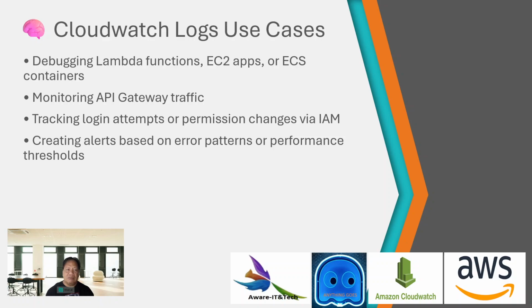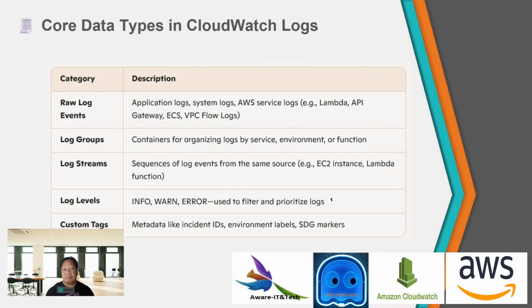And then we can track login attempts or permission changes via IAM. And then we can create alerts based on error patterns or performance thresholds. This is a lot of slides to go through, but these are the core types. You have the raw log events, log groups, log streams, log levels, and custom tags.